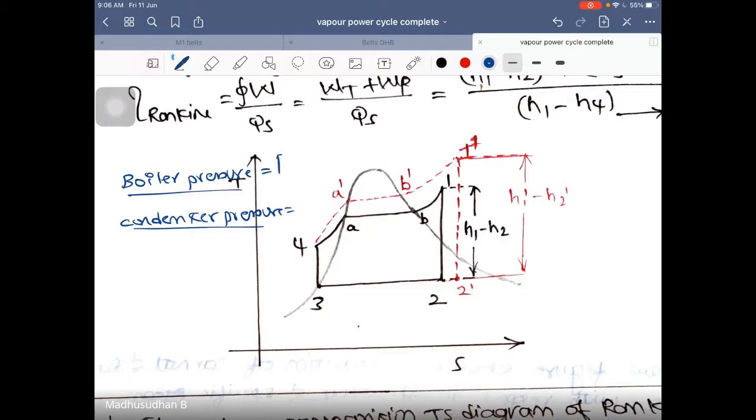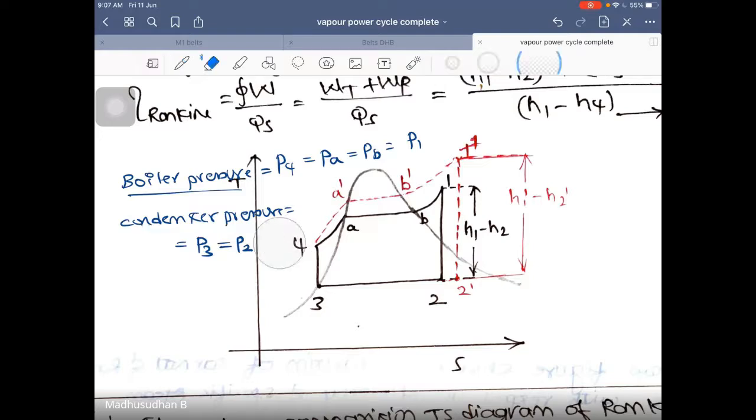Exactly. So boiler pressure, I can write as P4, which is equal to PA, which is equal to PB, which is equal to P1. So all these are nothing but the boiler pressure. Similarly, the condenser pressure is P3, which is also equal to P2, which is also equal to P2 dash, and so on.